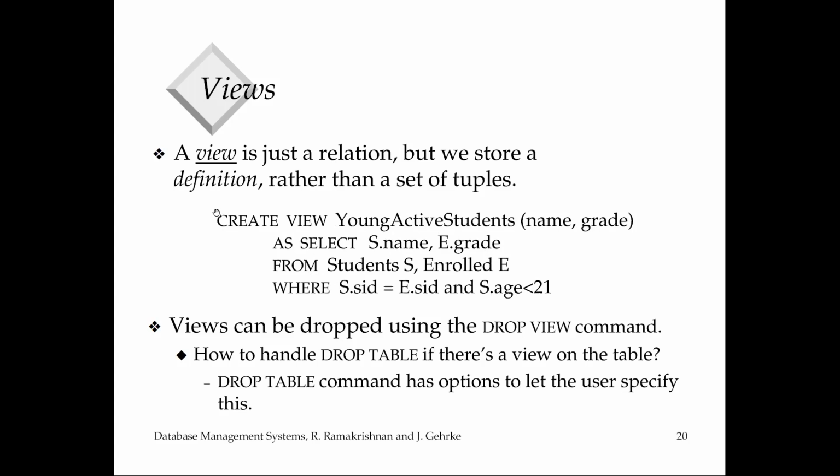So the difference between the view and a table is that a view does not actually have any rows in it, right? It's essentially, it calculates the rows or the results when you call it or when you run it.